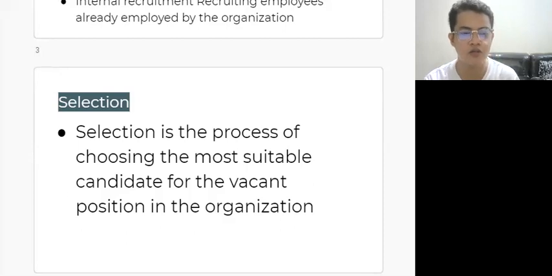So again, in order to select the most qualified applicants, an HR practitioner may utilize techniques like screening and interviews, okay? So these techniques are tools to know whether a candidate is a good fit or not. Okay, so interviews are the most common way to assess the applicant's verbal and non-verbal communication skills. Now, HR practitioners may also try reviewing the references, medical examinations, and the like.